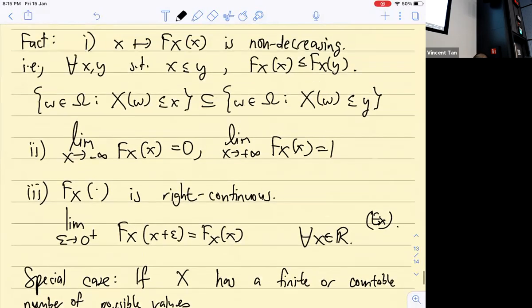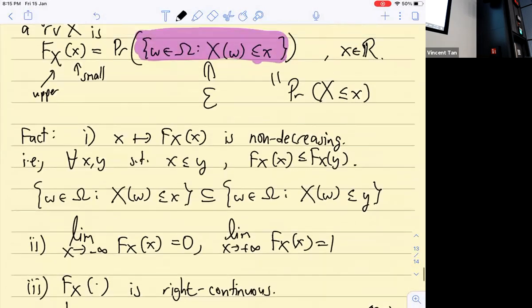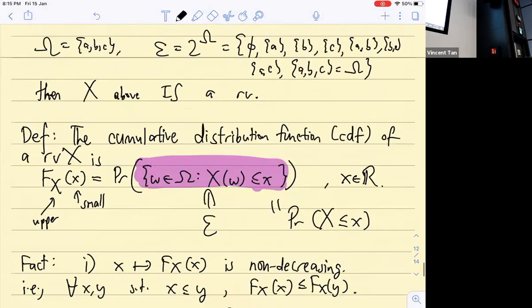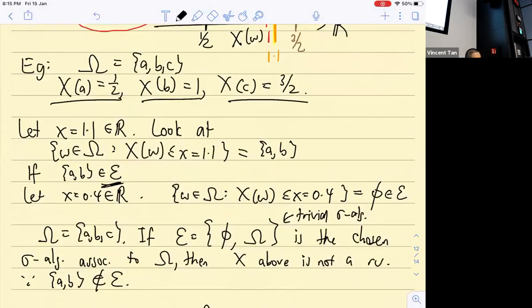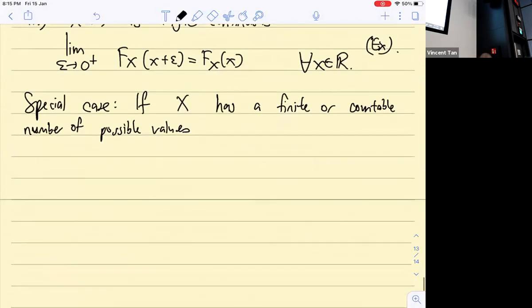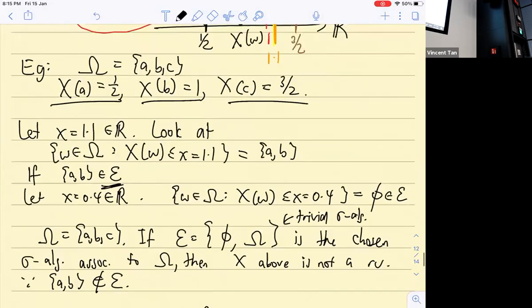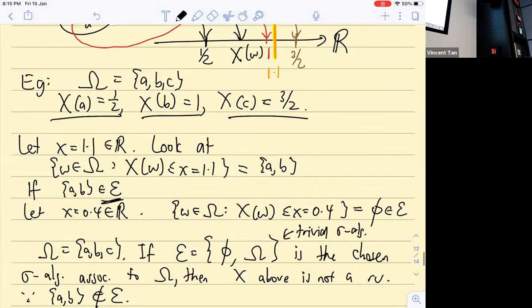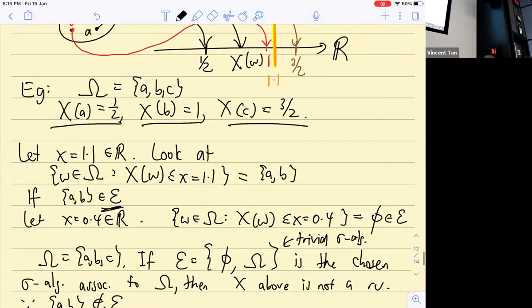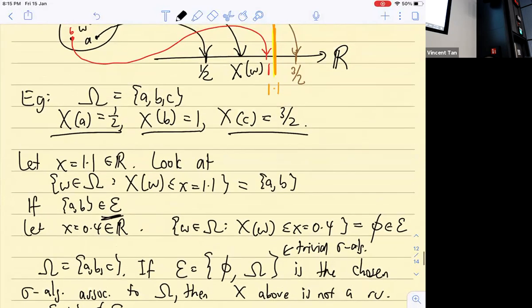So just now I had the ABC example, right? So X can only take on 1, 2, 3 values. ABC, the sample space only has 3 values. All right, X can only take a finite or countable number of values, like, sorry, X can only take on half, 1, 3/2. Okay, so that's this situation.